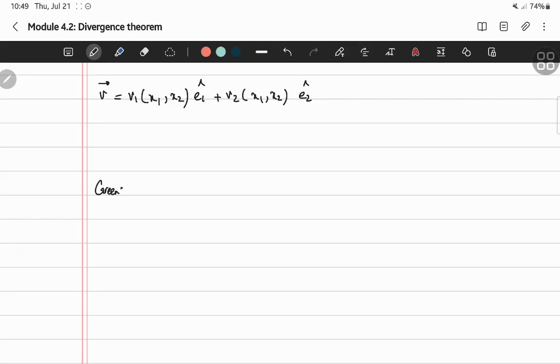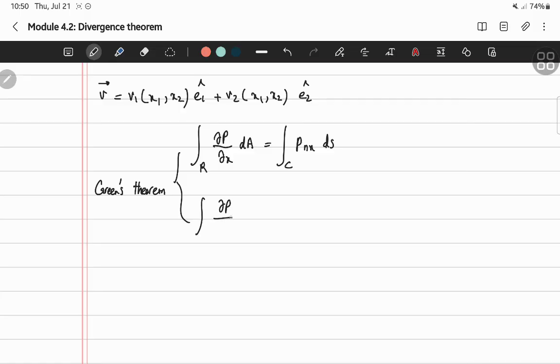From Green's theorem, you know that the integral of the partial derivative of p with respect to x dA over the domain R can be written as p nx ds over the curve that encloses that domain.